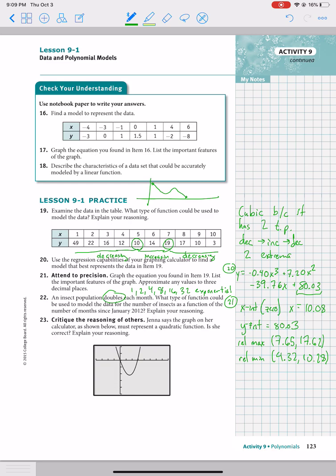Lastly, 23. We want to critique the reasoning of others. Jenna says that the graph on her calculator, as shown below, must represent a quadratic function. Is she correct? Explain your reasoning. So the way that it looks right now, it does look quadratic, right? We could extend it, possibly, keep going up and up forever, and that would be quadratic.